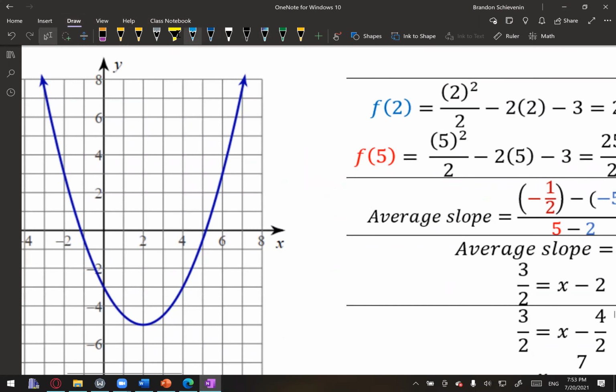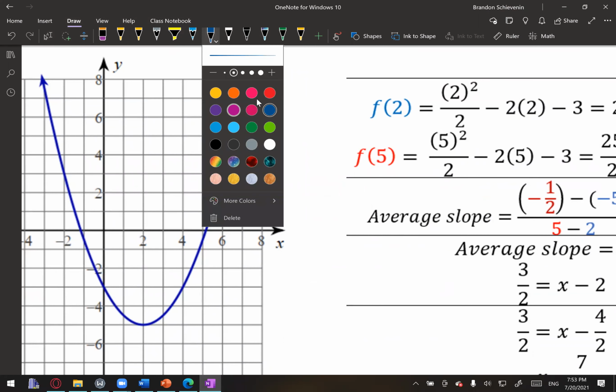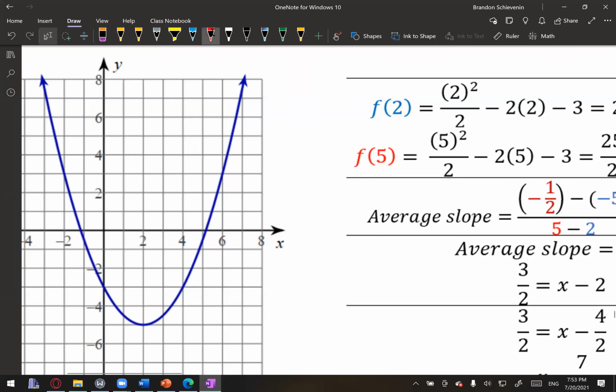Okay, so we had points here that looked like this. At x equals 2, we were here at negative 5. At x equals 5, we were here at negative 1/2 for our y values.